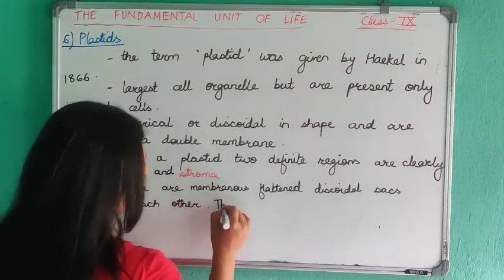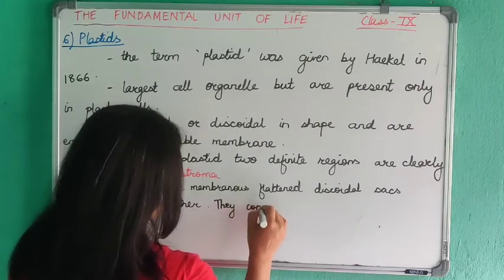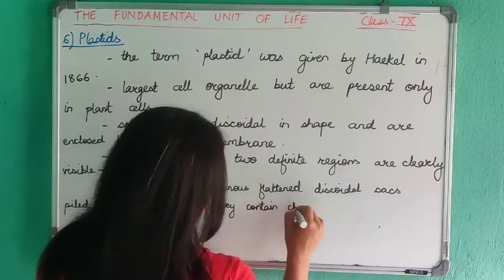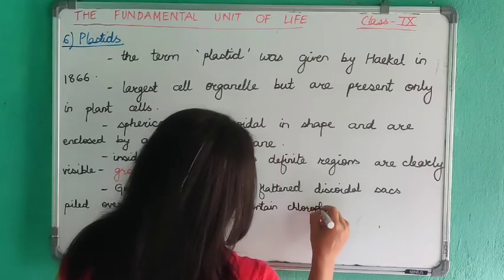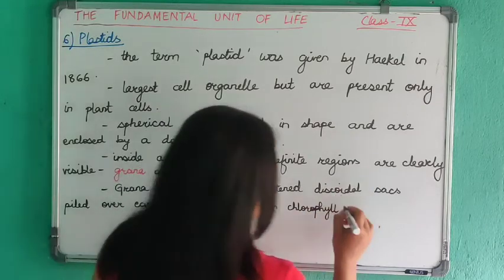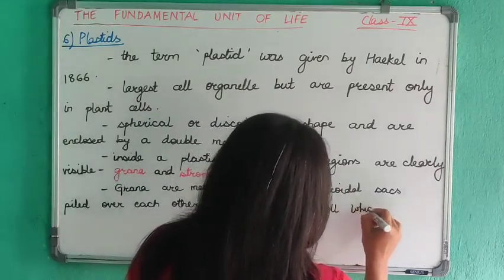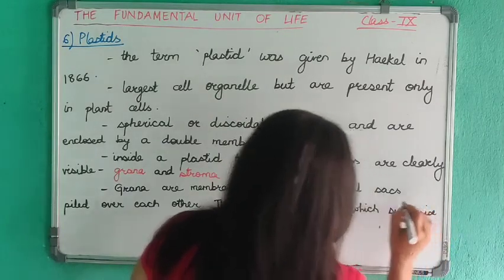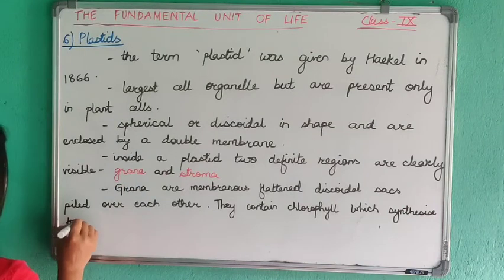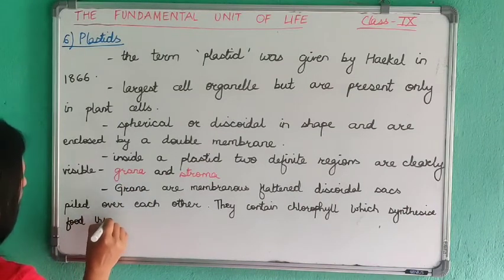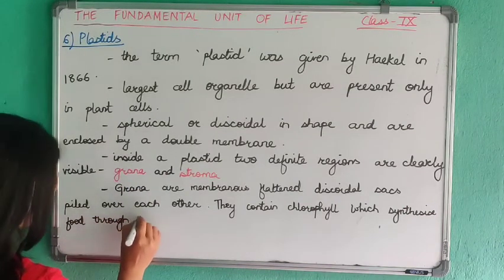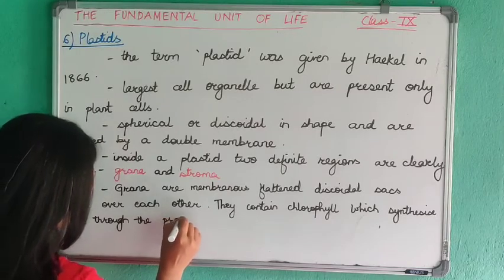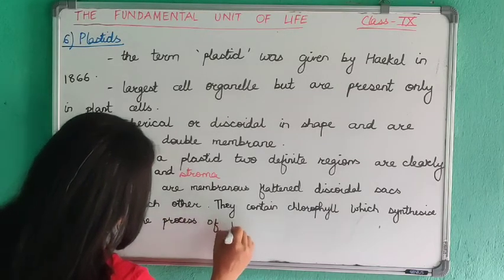Now they contain chlorophyll. यिनीहरुमा चाहिँ के हुँदै रहेछ? Chlorophyll which synthesize food. Chlorophyll को काम के हो? खाना बनाउँछ. Which synthesize food through the process of photosynthesis.